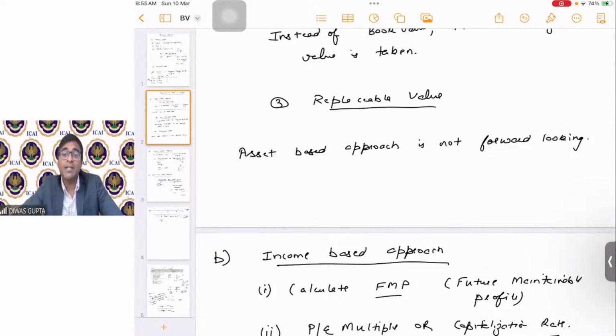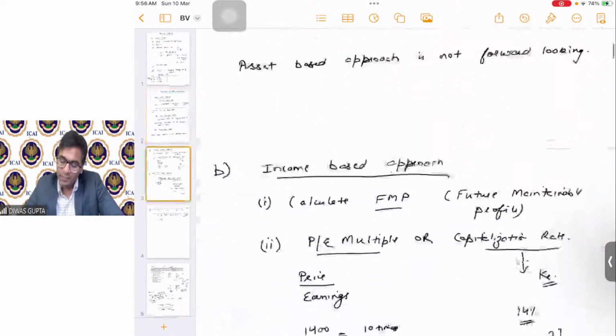If the same standard of machinery or asset is replaced today for the same balance useful life, for the same conditions, what will our replacement cost be? And hence, taking the replaceable value as the asset-based amount, students. We did a lot of questions on the asset-based model today, right?